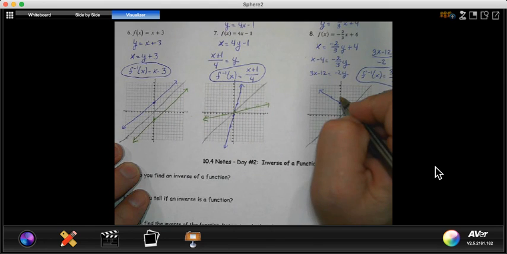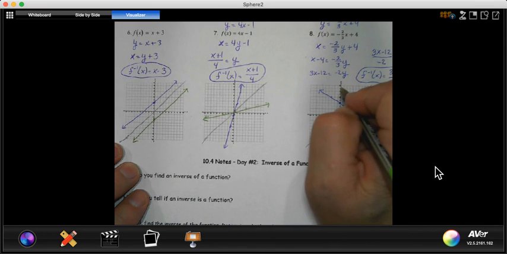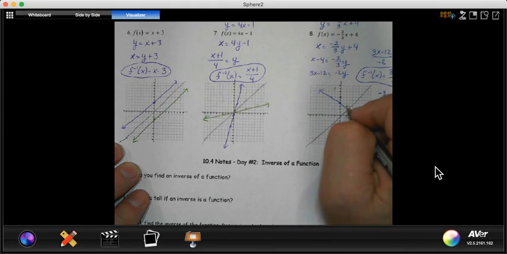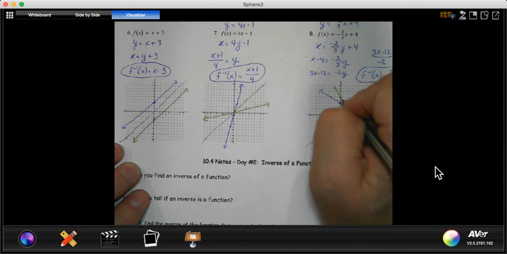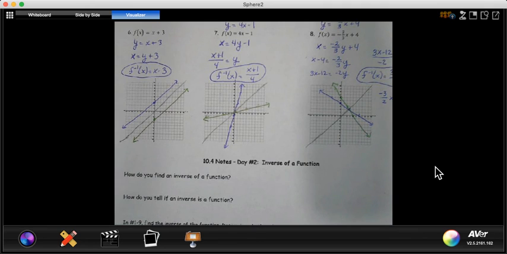So 4, 5, 6. So we're going to go down 3 and right 2. Up 3 and left 2. Then maybe down 3 and right 2. There. So there's that line. Pretty cool. Nice job, guys.